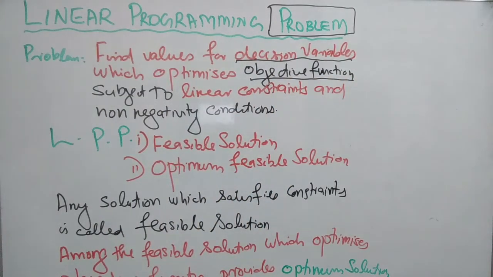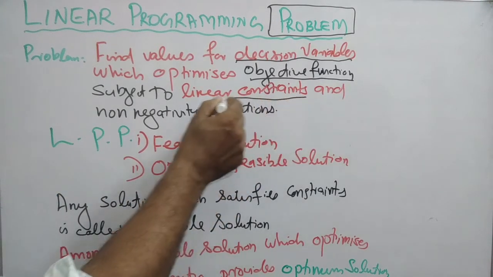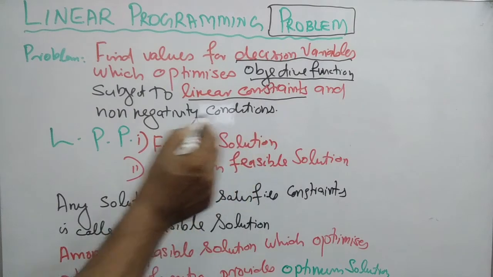So we have two components, decision variables, whose values are to be decided, which optimizes the objective function, with respect to our conditions: linear constraints, the equality or inequality representing availability and requirement conditions, and one more mathematical term, non-negativity conditions.